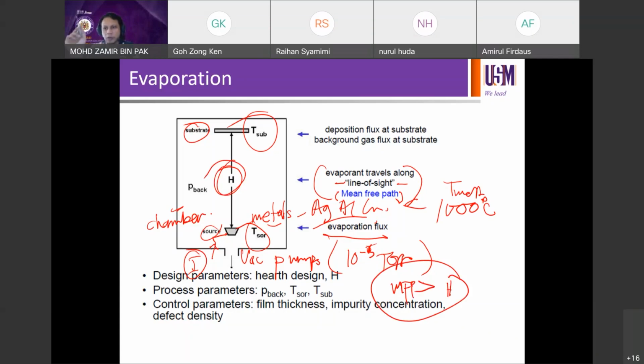What will happen if the MFP is less than H? What do you think will happen? You can write in the chat box or unmute yourself. What happens if the mean free path is less than H? Anyone?